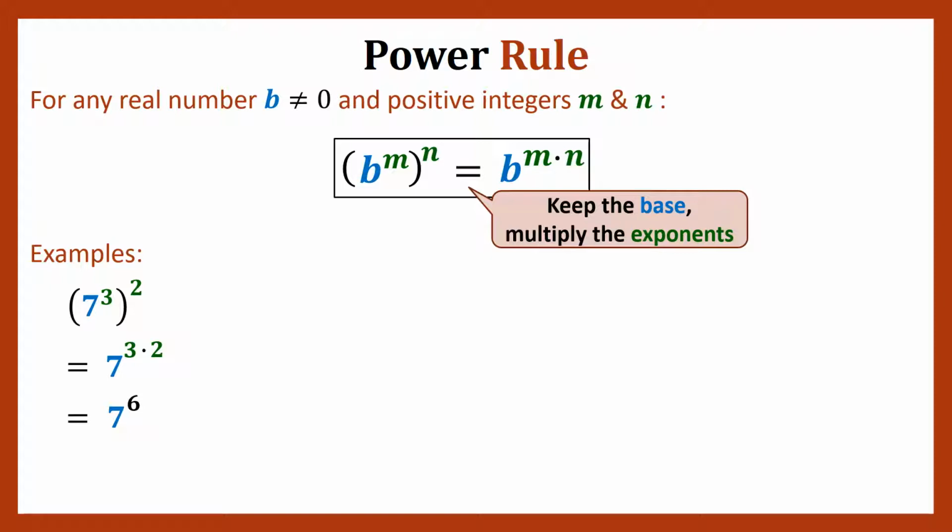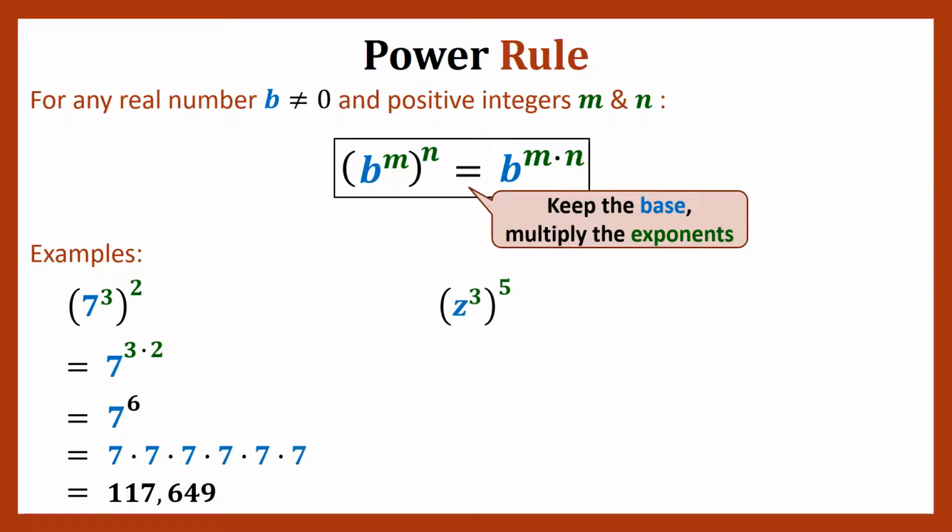In turn, this represents the repeated multiplication of 7 6 times. If we evaluate this product using a calculator, this is then equal to 117,649.